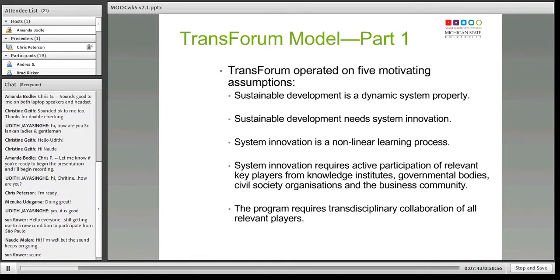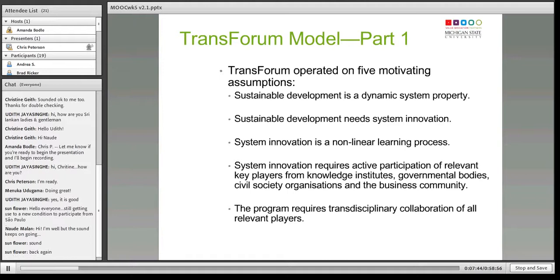That sustainable development is a dynamic system property. That is to say, sustainable development really doesn't have a closed form definition. We can't say with great specificity what is or isn't sustainable. We really have to think about what is more or less sustainable as we move through time.